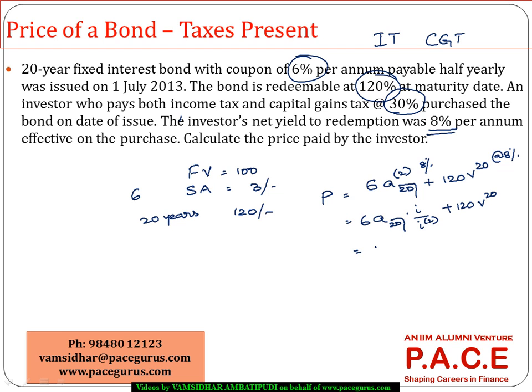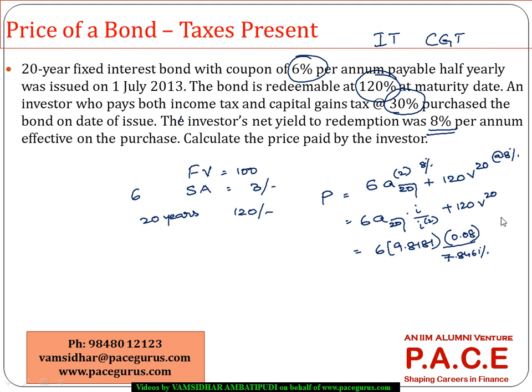At the rate of 8%, I will get my a-angle-20 as 9.8181, and i we know is 0.08, whereas i(2) comes out to 7.8461%, and I can find v^20, which can give me the final computed price of this bond.